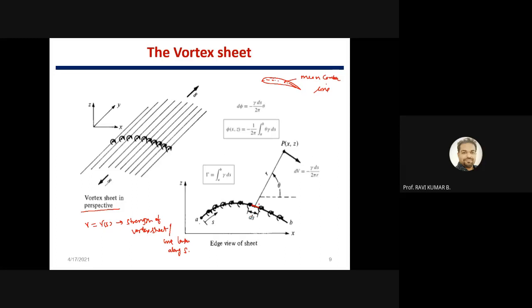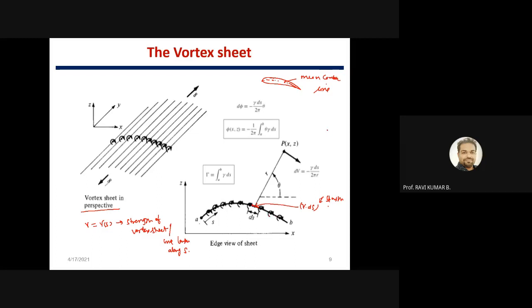If you are talking about only the strength of this portion, the vortices acting over here will be just gamma into ds. This is the strength of the infinitesimal vortices acting on ds.